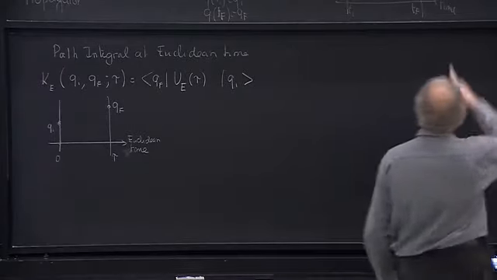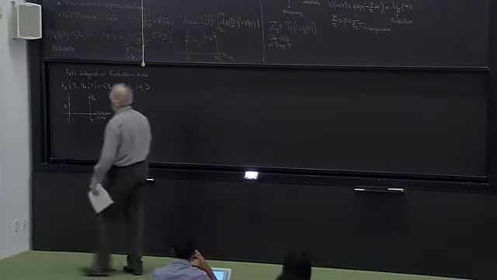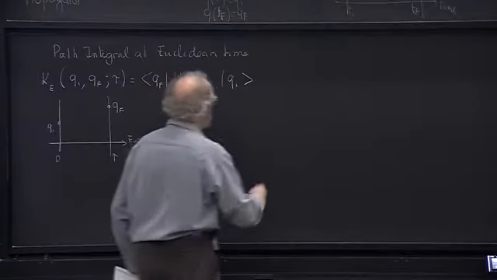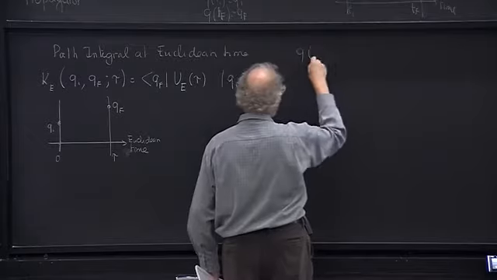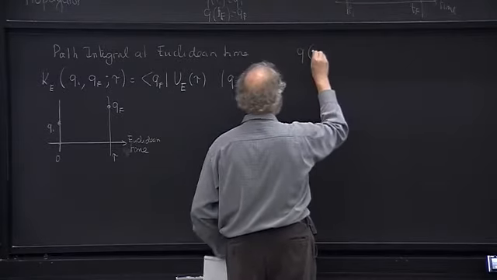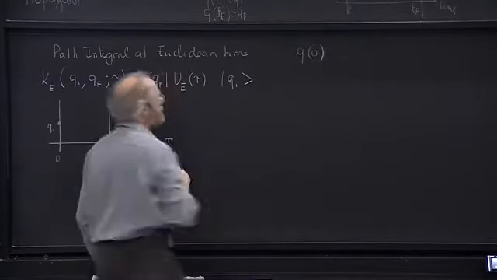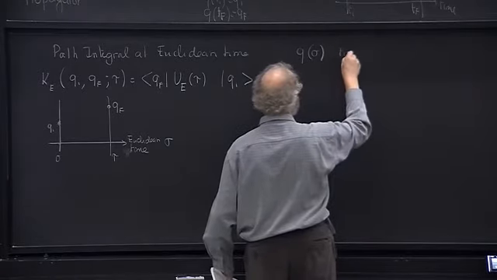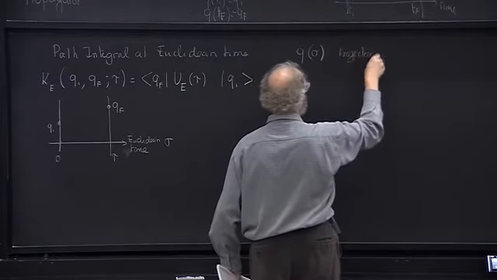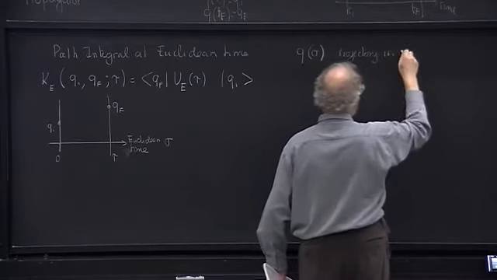So since t is a variable, you just have to consider now paths that depend on a Euclidean time variable sigma. So let's call it sigma instead of s here. This is an integral over s. So q of sigma is a trajectory in Euclidean time.